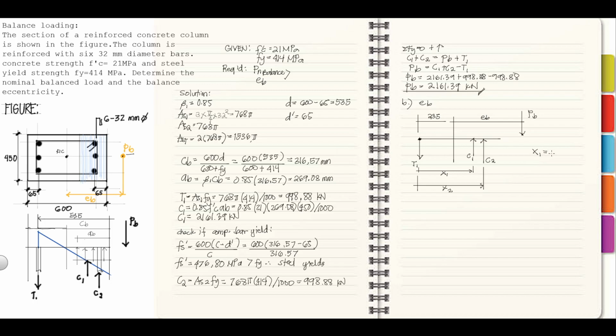So X1 will be the 535 muna, yung D. Bawas mo ng A all over 2. Ang A natin or AB natin is 269.08 divided by 2.